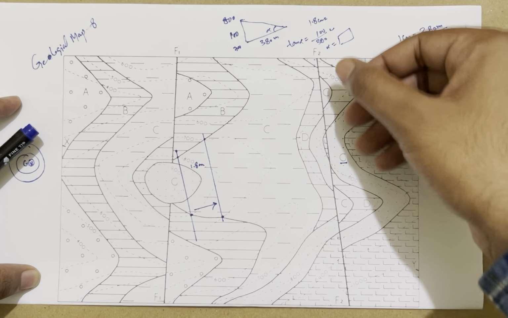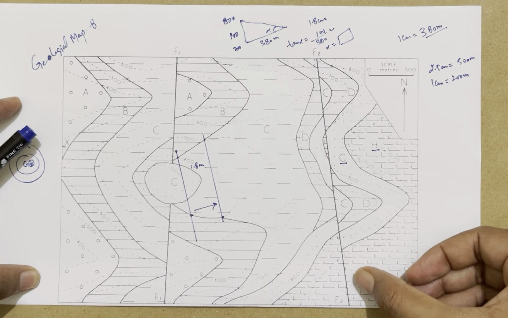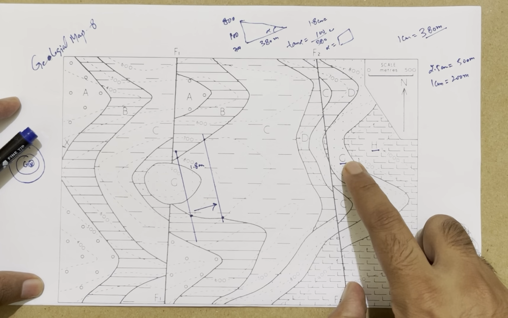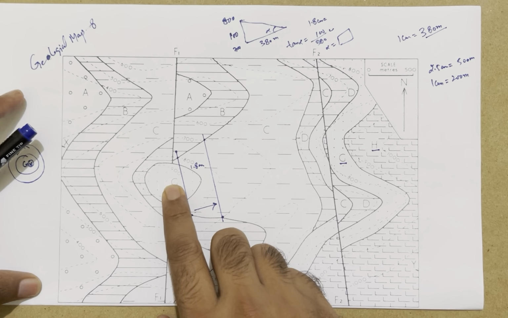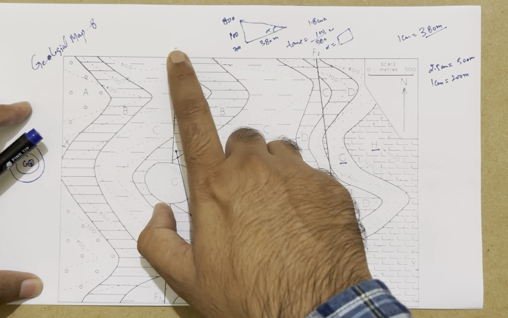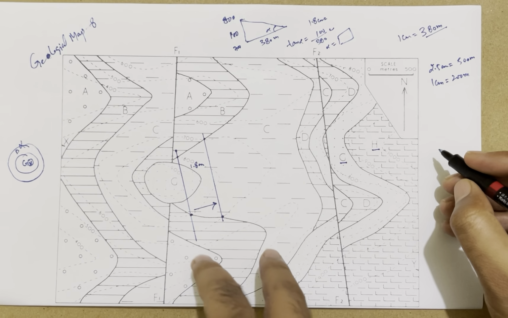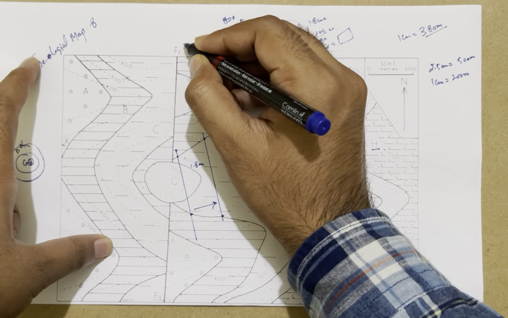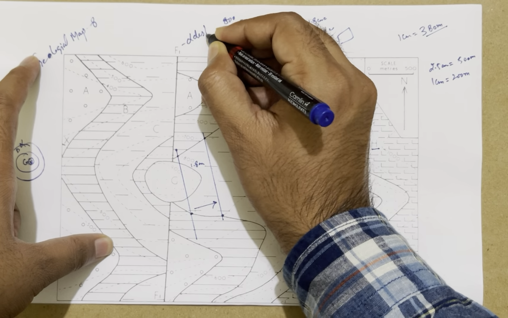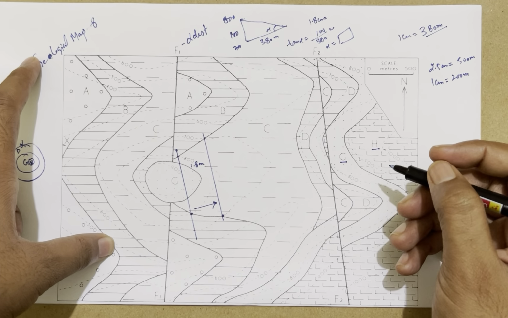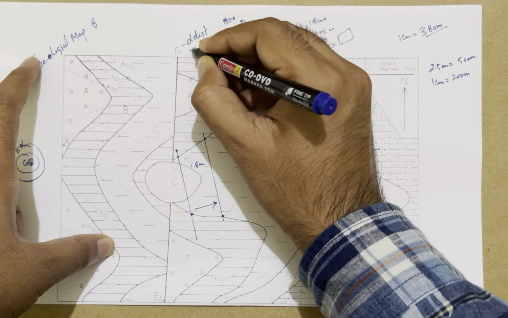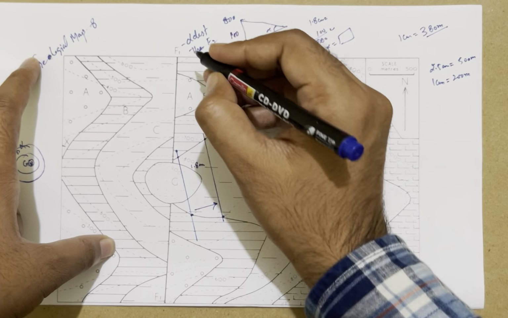If we look at this fault F2, it cuts G and H, that is the horizontal strata, but here it is not cutting. So it means F1 is the oldest, then F2.